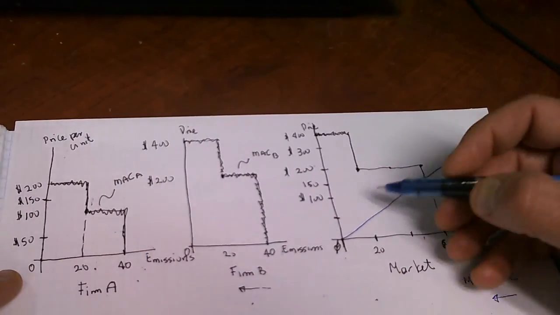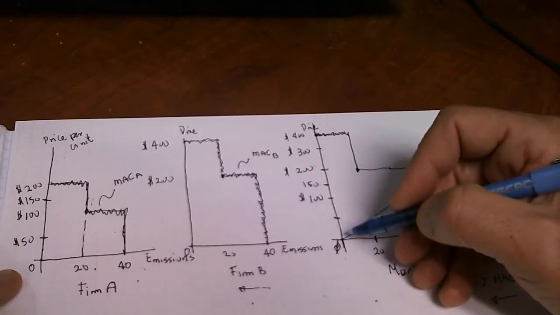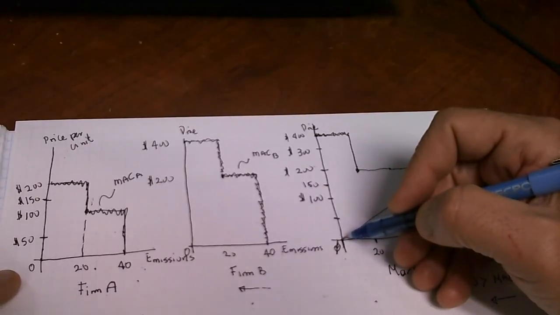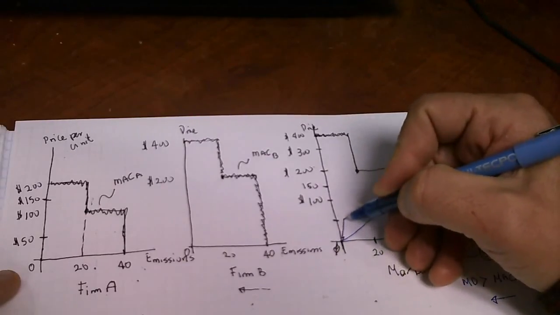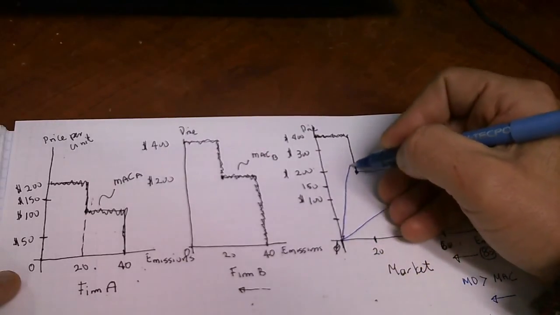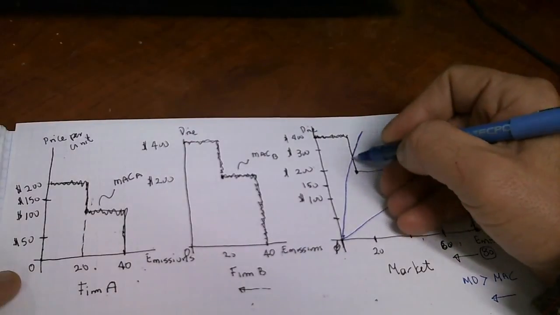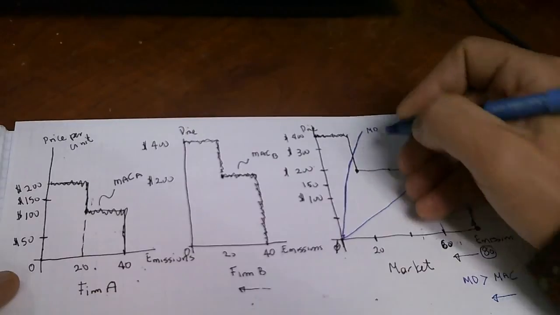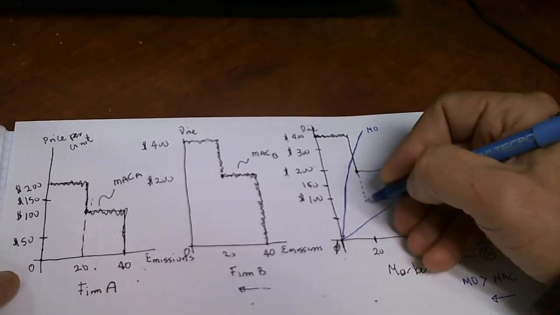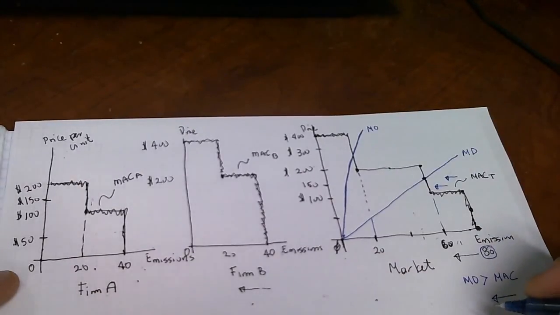Okay, notice that if the marginal damage curve was something like as follows, rising very, very steeply, like that, then it would actually be optimal to bring it even down to 20 units, right?